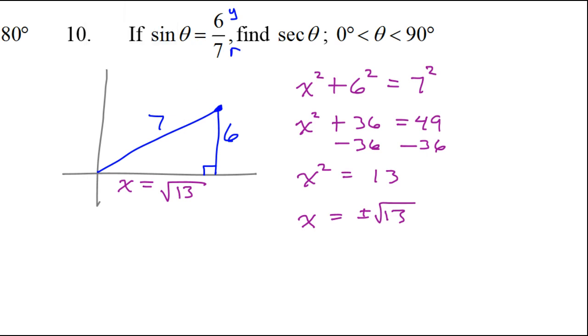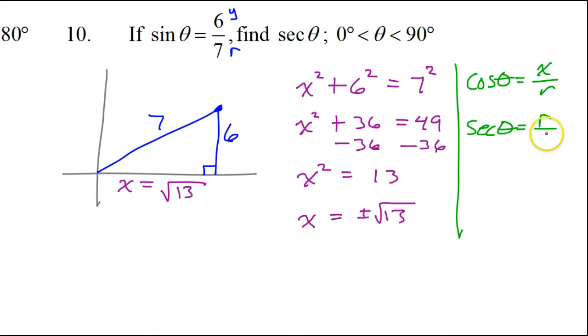Now secant. Secant is the reciprocal of the cosine function. So keep in mind that the cosine function, I'll just put this over here, is x over r. So therefore secant is going to be r over x. It's the reciprocal of the cosine function.